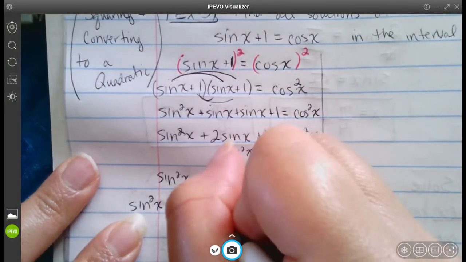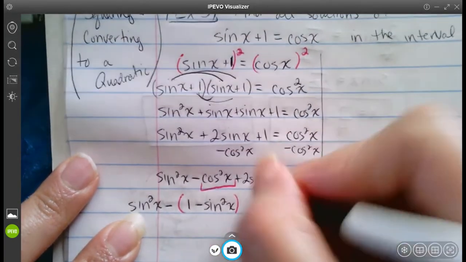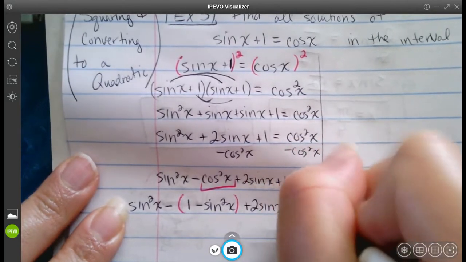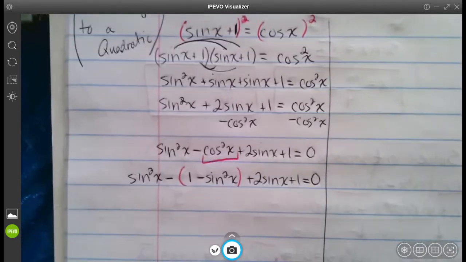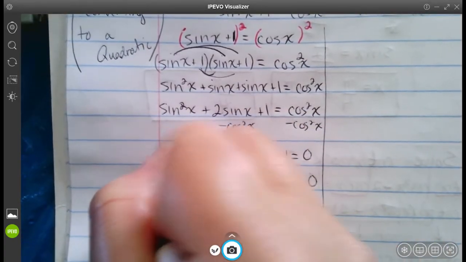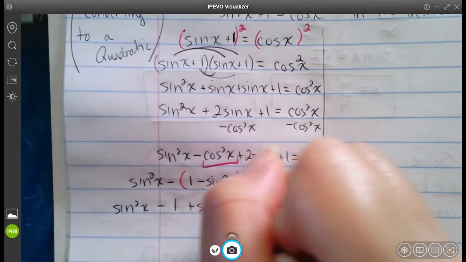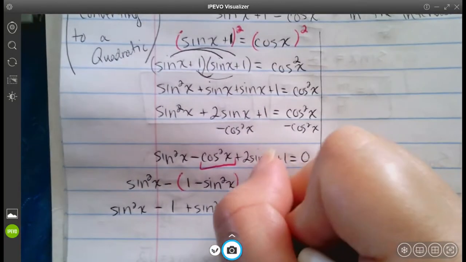And it's not so much that I'm changing it, I'm just using an identity, which is part of your foldable, okay, to replace it with something that I can work with. Okay, I'm just bringing everything else down. Let's distribute that negative. So we have sine squared of x minus 1 plus sine squared of x, because negative times a negative is a positive. Bring everything else down.